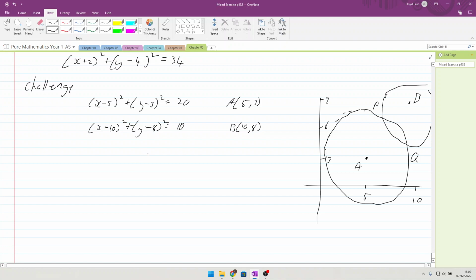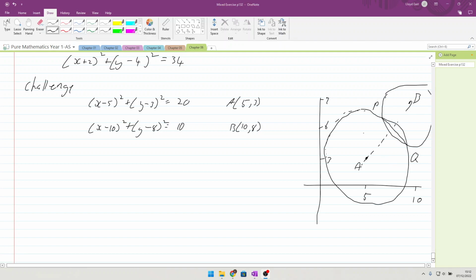The first thing we want to do is find the equation of the line connecting P and Q. Okay, so we can find the slope of that line quite easily. What we need then is a point on that line.